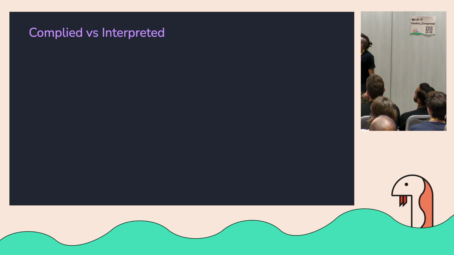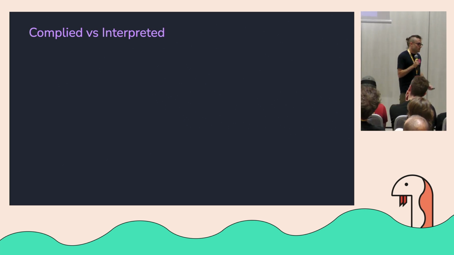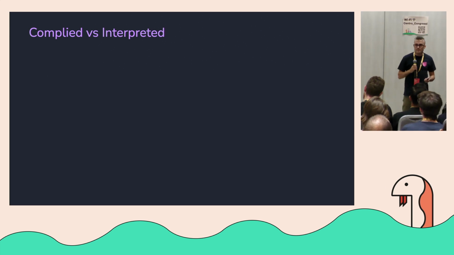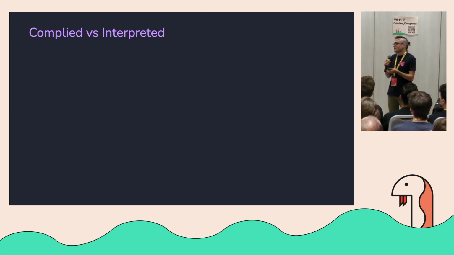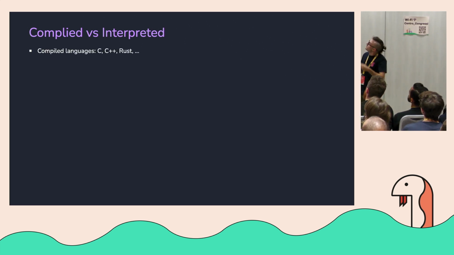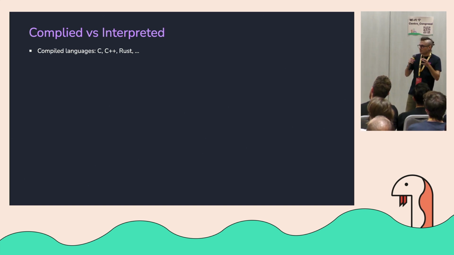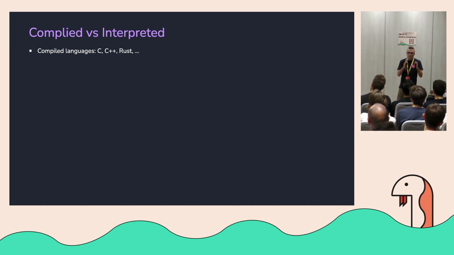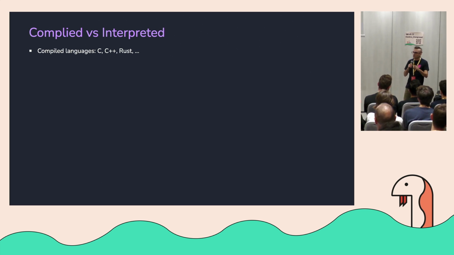Next thing we're gonna see is compiled versus interpreted. You know, you can divide programming languages into 2 macro categories, compiled and interpreted. Compiled languages like C, Rust, C++, have this concept of compilation, which is transforming the human-readable code into machine code all at once before the execution and producing an executable file.